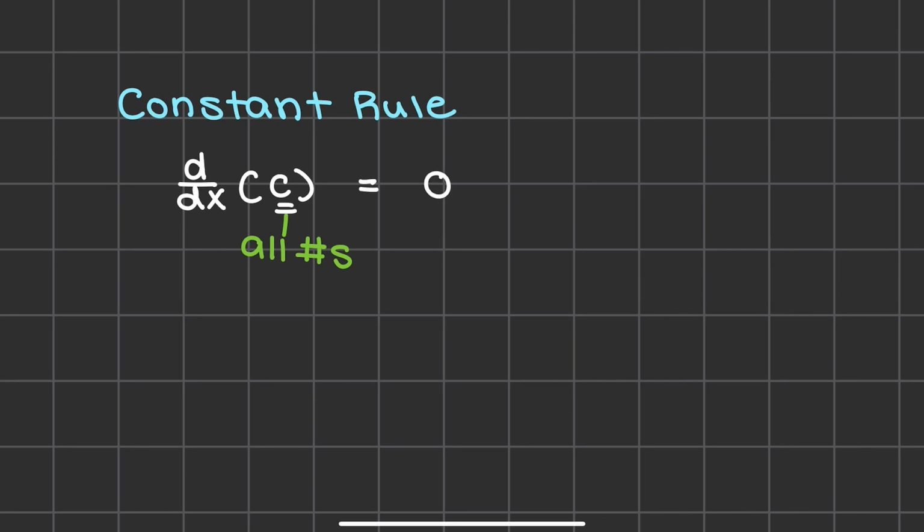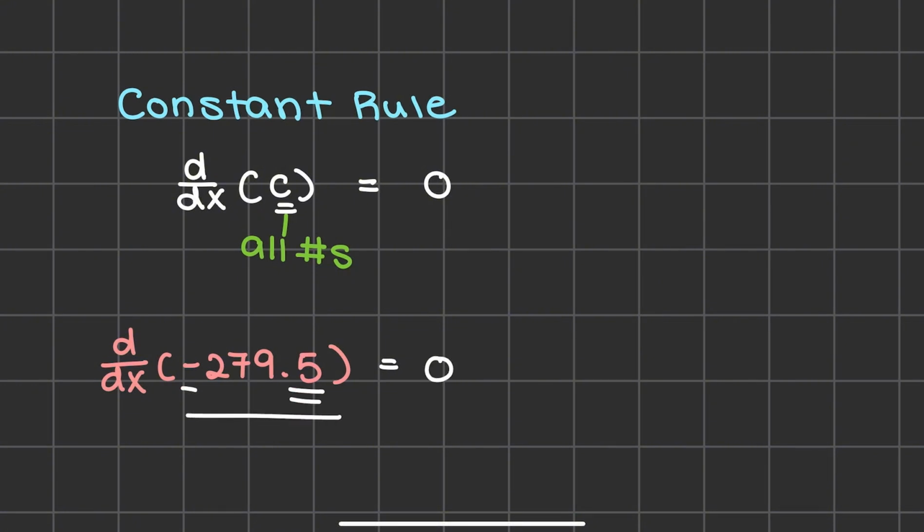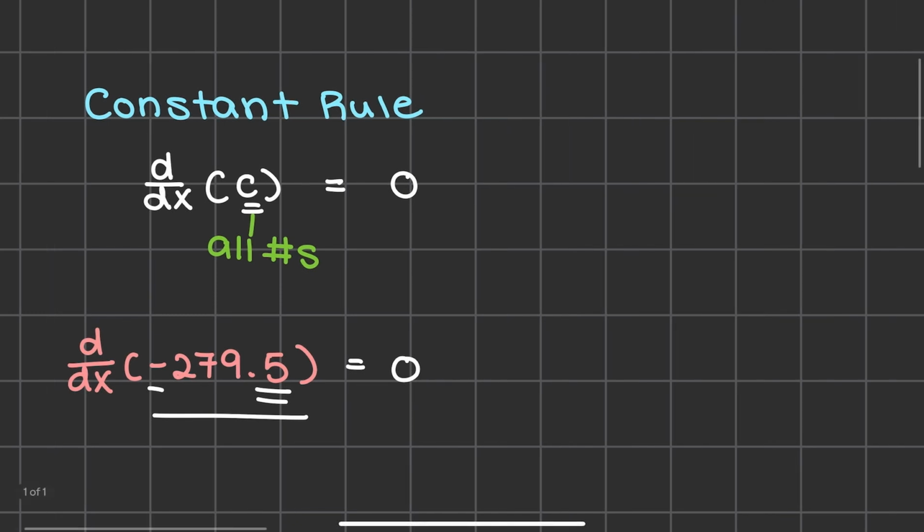And that's it. That's the constant rule. A sample question would be: find the derivative of negative 279.5. The answer would just be equal to 0. Regardless of whether it's negative, a decimal or a fraction, or however big or small, it's always going to be equal to 0. And that's our first rule.